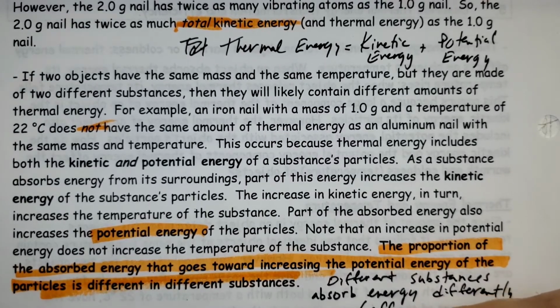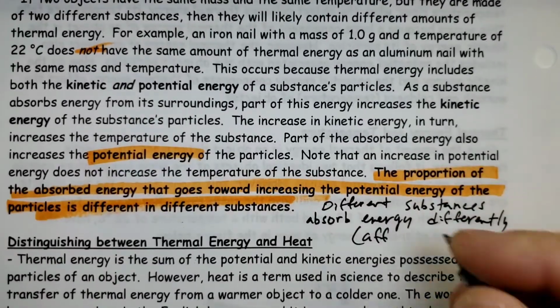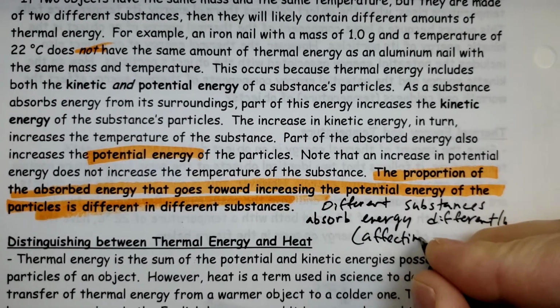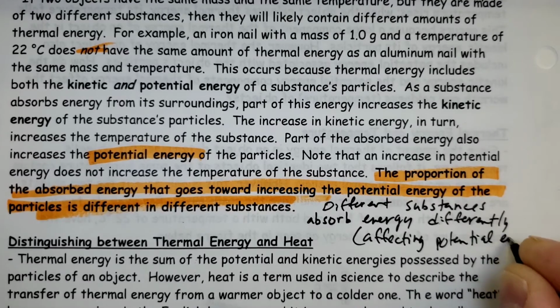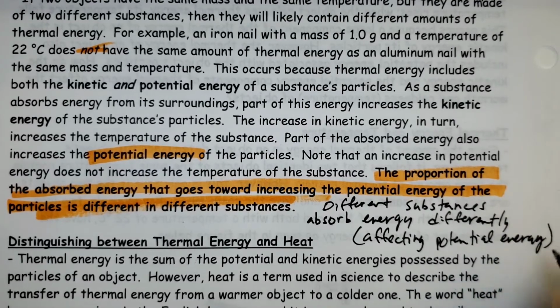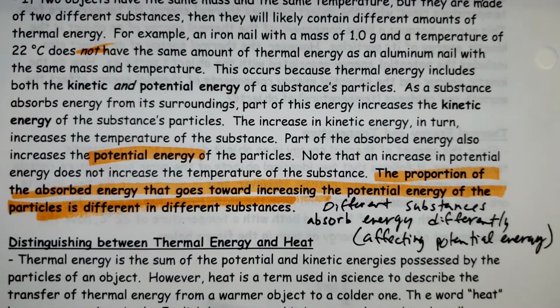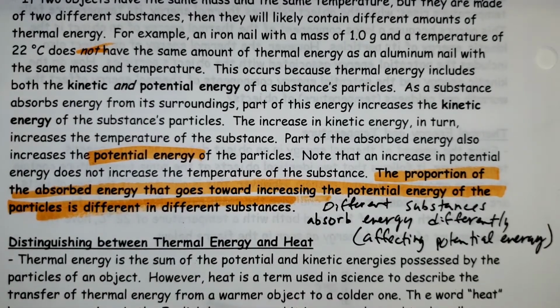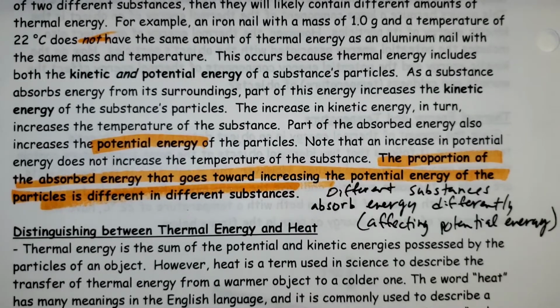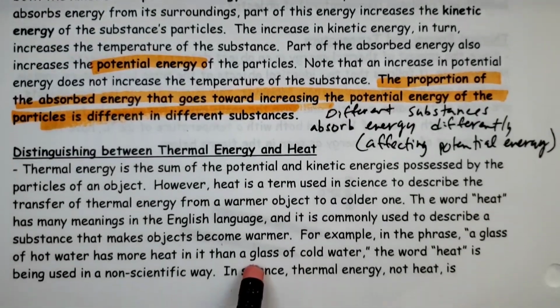So we could say that is affecting potential energy. Okay, so if you have more kinetic energy, that's going to change thermal energy because more vibrating molecules. Also looking at this, if we have different substances, that's going to affect potential energy because they absorb energy differently.